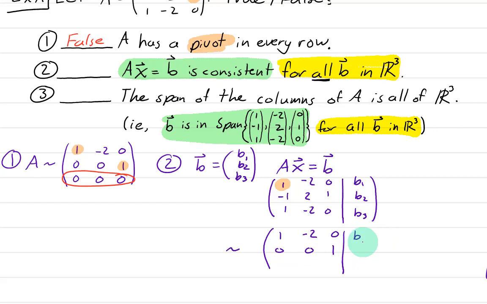Oops, that's supposed to be b1. So we're going to do b2 plus b1 here. And then for the last one, we're still going to have 0, 0, 0 here when we do negative row 1 plus row 3 to get the new row 3. But now we're going to have b3 minus b1 here.